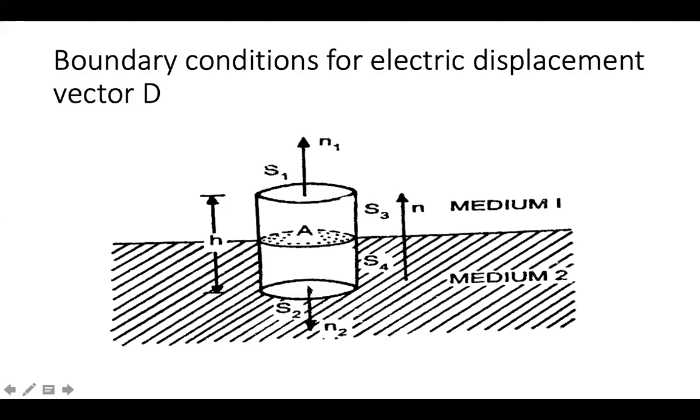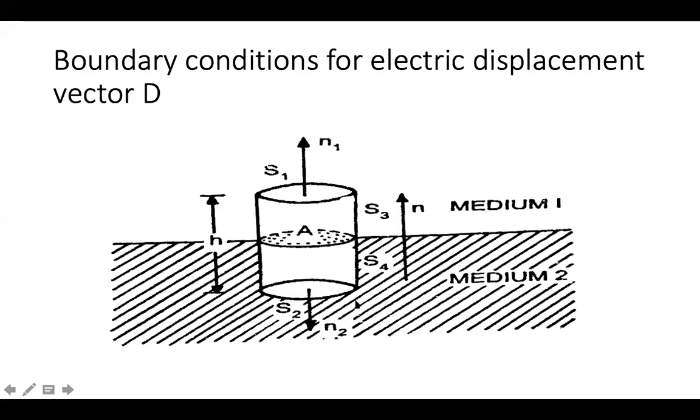Here we are trying to draw a surface. It's like a box. It's not just an ordinary surface, but a surface like a box, which has four surfaces, as you can see here: S1 on the top, S2 on the bottom, and the side of this box or cylinder we are considering as S3 in medium 1 and S4 in medium 2.